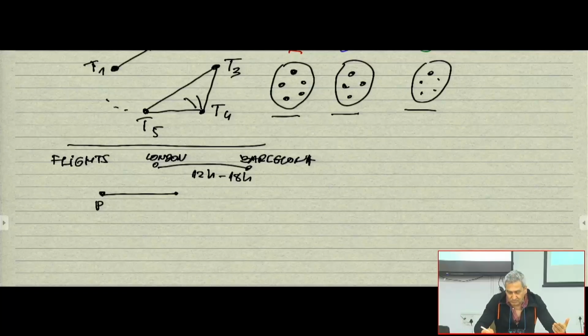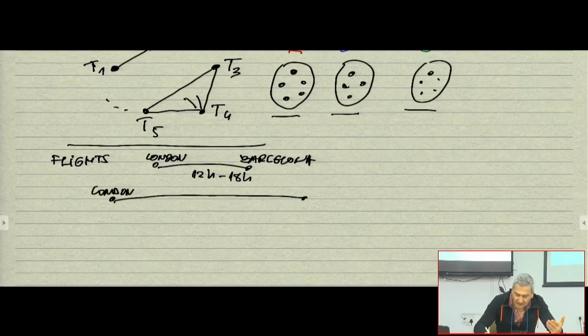Then we may have some other one, maybe Paris, or let's say we start flying from London. Let's say all the flights go from London. Let's say we are an airplane company operating from London. Then we have maybe 9 o'clock, London, Dubai.